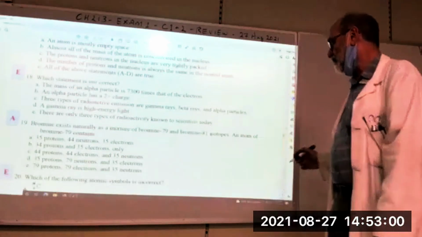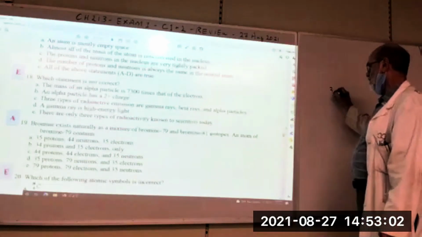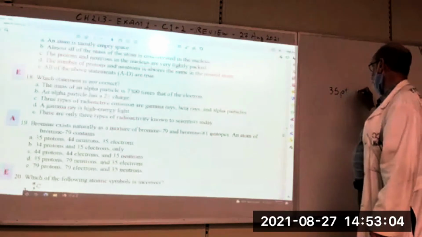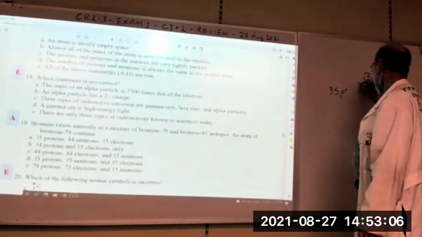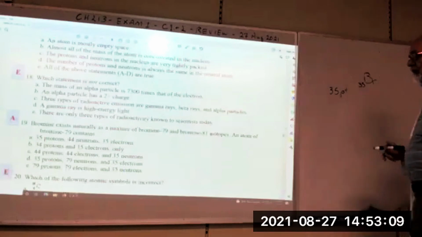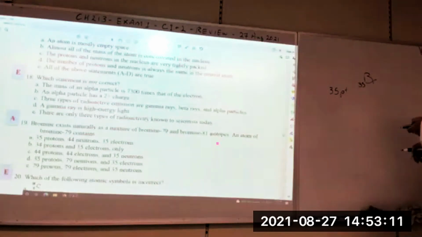35 protons. So it has 35 protons. That means 35 is right here. And then 35 protons is good. So it could be this one or it could be this one of those two. How many neutrons?